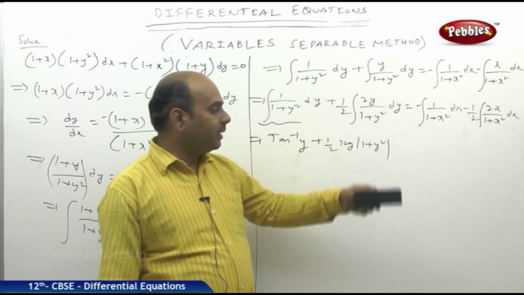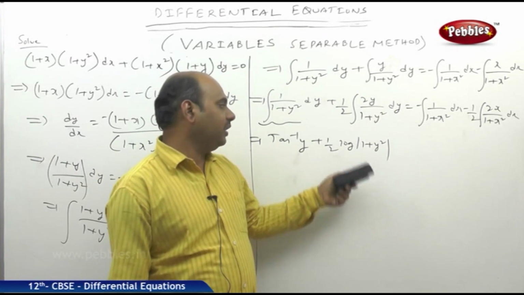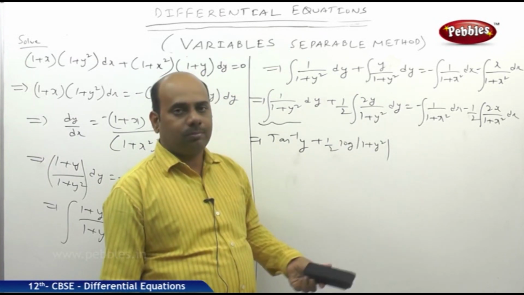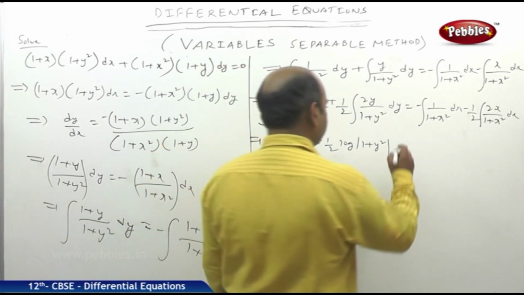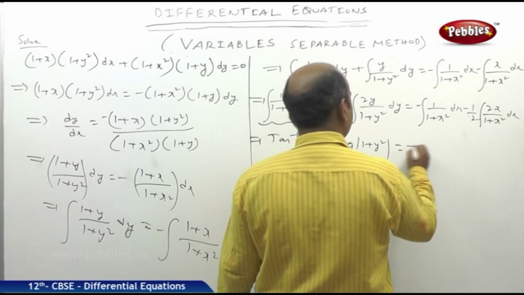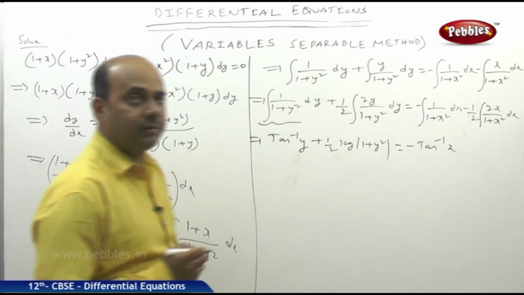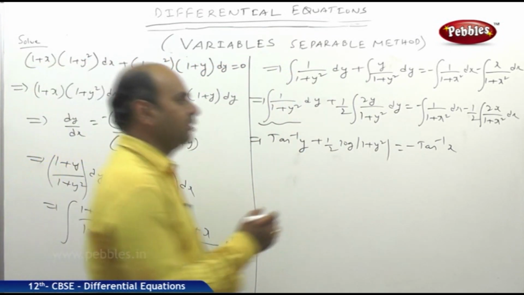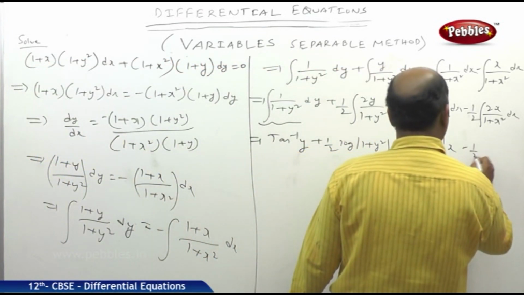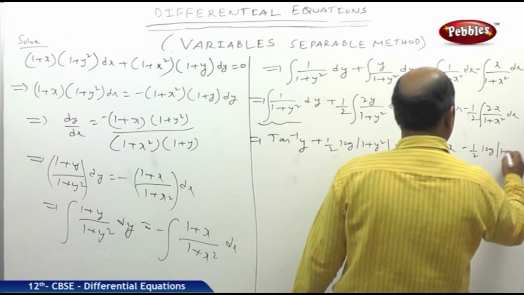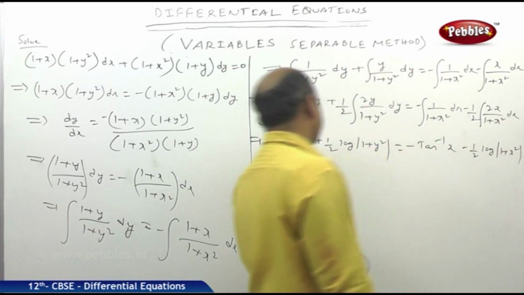So integral of dt by t is nothing but log mod t, with t replaced by 1 plus y square. That is equal to minus tan inverse x, because integral of 1 by (1 plus x square) is tan inverse x, minus 1 by 2 into log mod (1 plus x square).